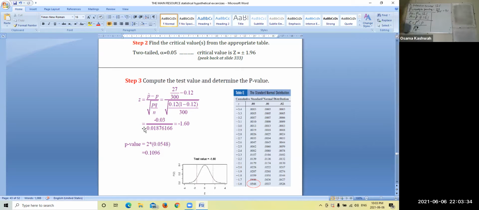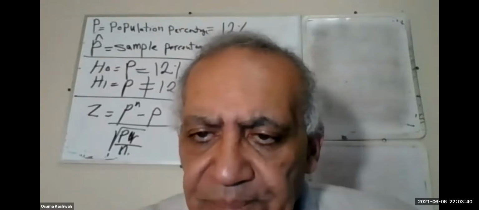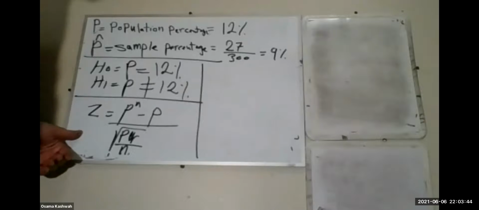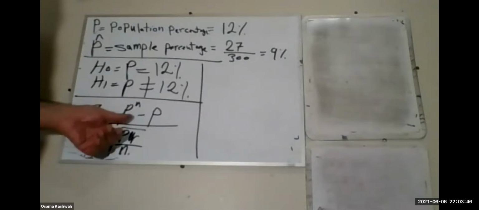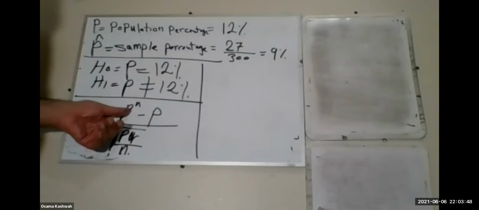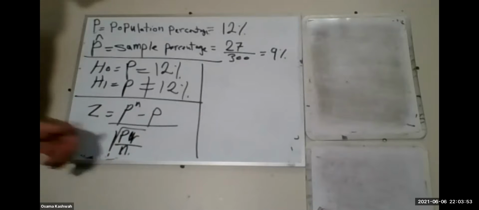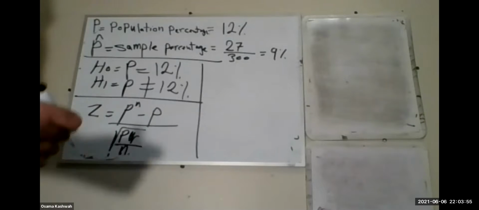Let us go to the next step. Let me share the screen. We will have our test: P hat, the percentage of the sample, minus P, divided by the square root of PQ over N.